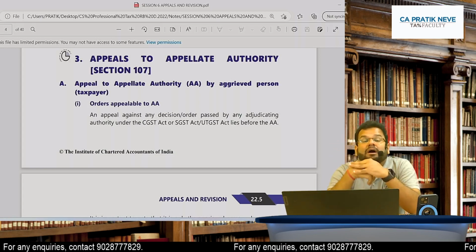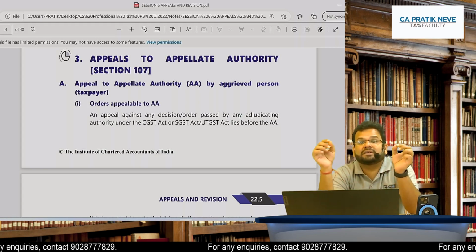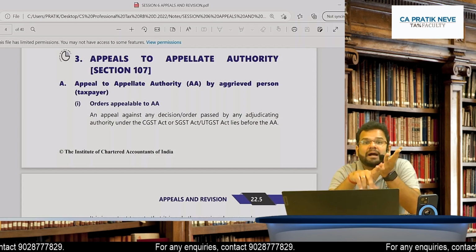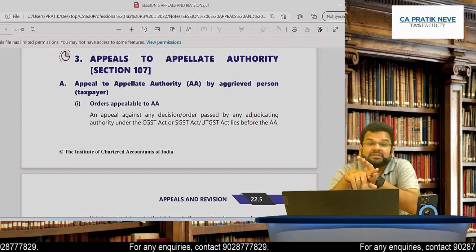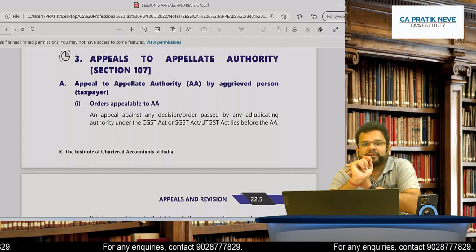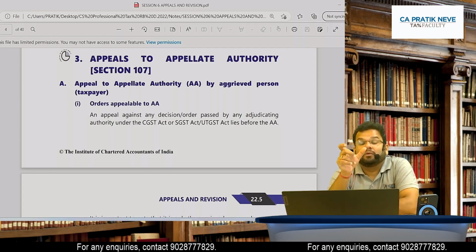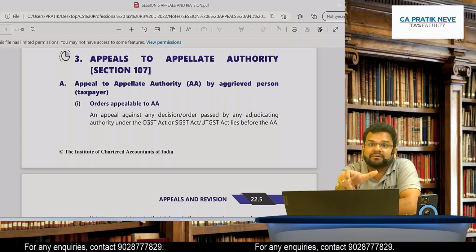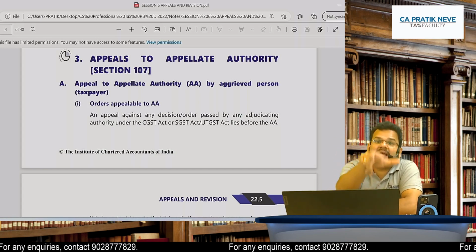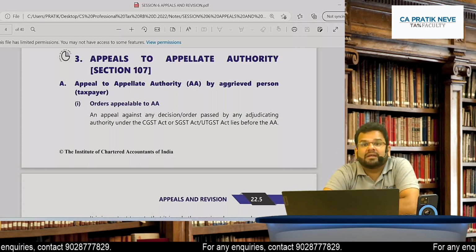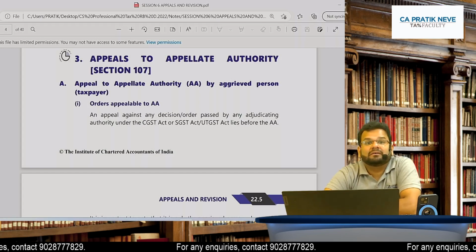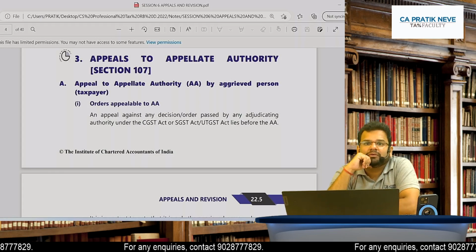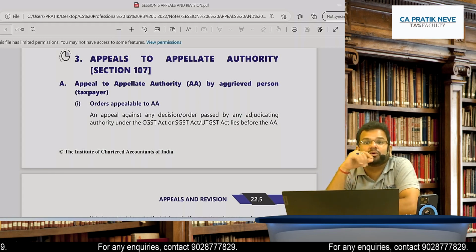But the appellate tribunal has various benches. In that, it will be dealt by the national bench or regional bench only. And if you are not happy with the decision given by the appellate tribunal, national bench or regional bench, then you have the right to go directly to the Honorable Supreme Court. You cannot go to the High Court after that.